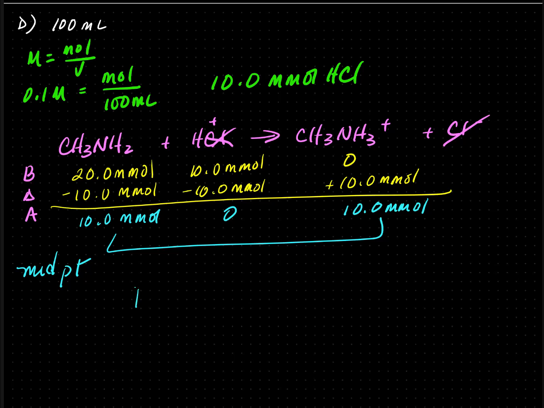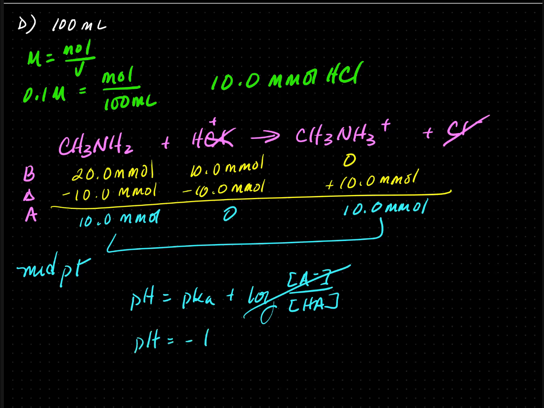At this point, you don't even need an ICE table. We're going to use the Henderson-Hasselbalch equation. pH is equal to pKa plus log of the conjugate pairs. The concentrations of the conjugate pairs are the same. Log of 1 is equal to 0. So pH just becomes pKa, or negative log of Ka.